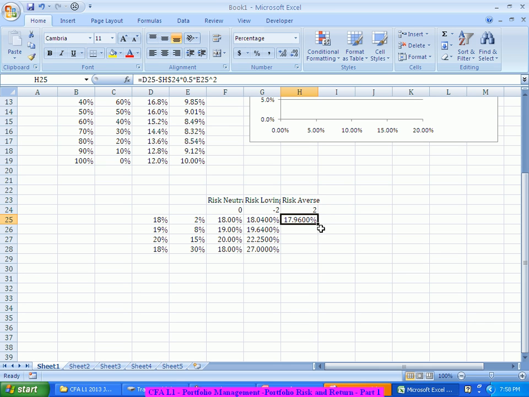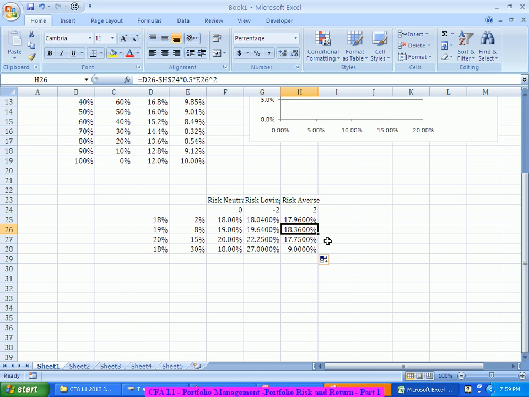In his case this is 17.96 and here the risk averse values follow. So he goes with the one giving him the highest utility.